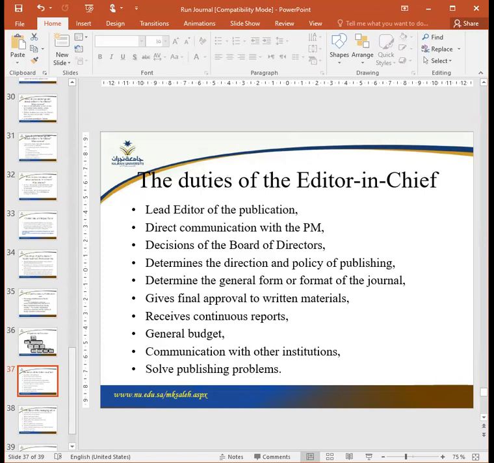Determine the general budget and the different budgets of the departments based on their needs and requirements, handle communication with other institutions and various publications, and finally solve publishing problems.